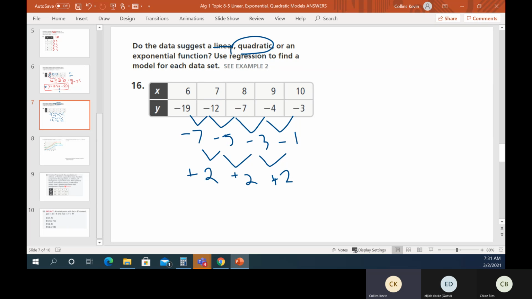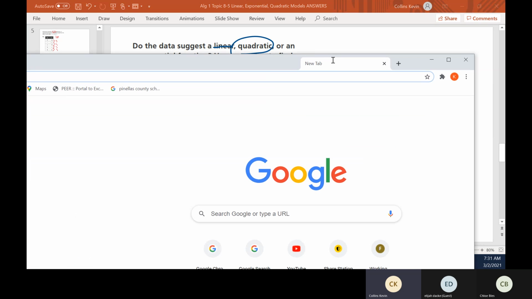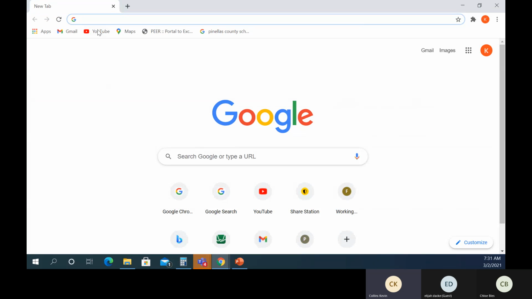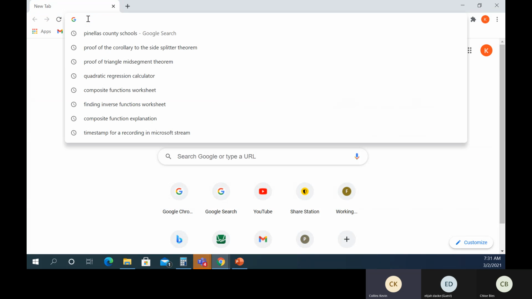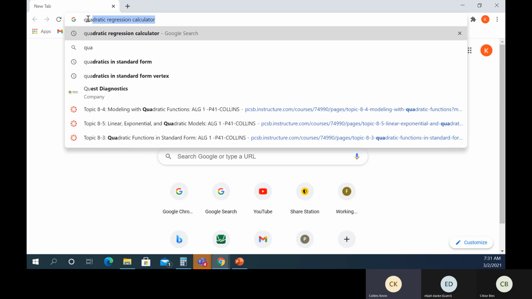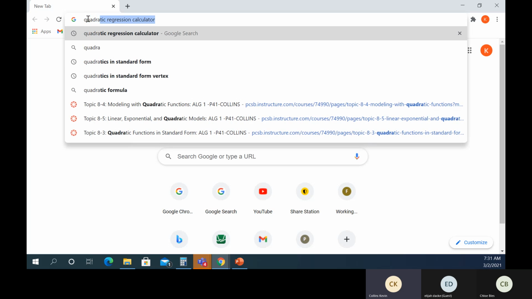All right, so I just had to write those down. So I'm going to bring up a quadratic regression calculator, and we're going to plug these numbers in. You'll see how this works. This is all you need to do: just Google quadratic regression calculator.